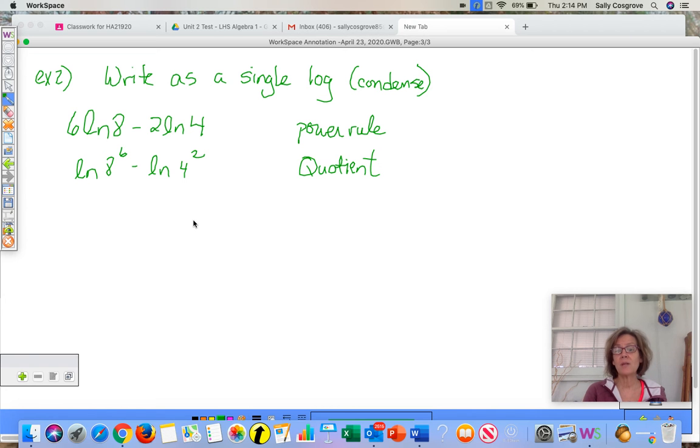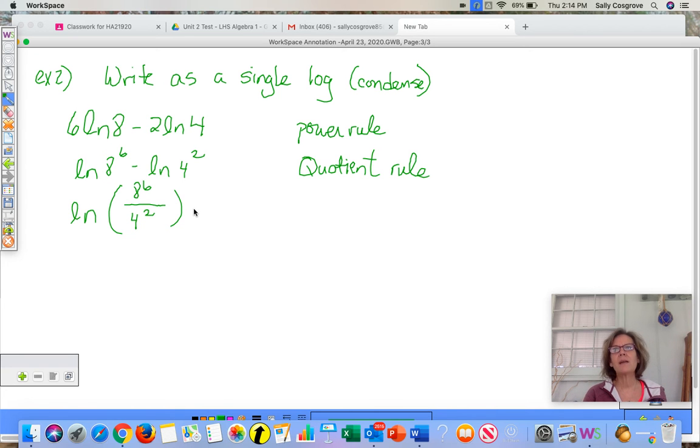So now we're going to use the quotient rule. And we'll rewrite it as the natural log of, and this becomes the argument, 8 to the 6th in the numerator divided by 4 to the 2nd in the denominator. So we've got two things here.